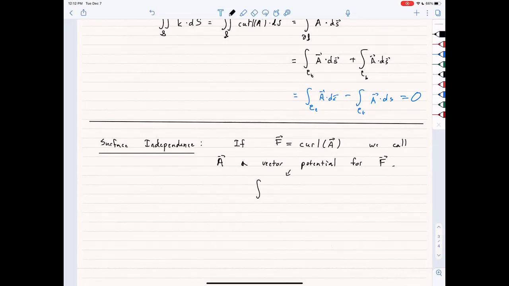If F admits any such A, and I take a surface S and take the vector integral, this depends only on the boundary of S. Let me explain.